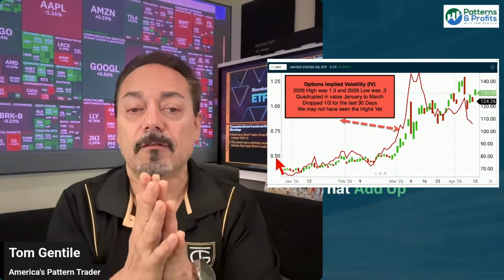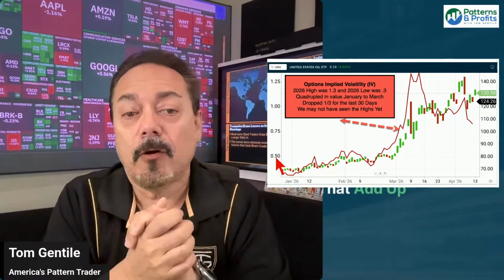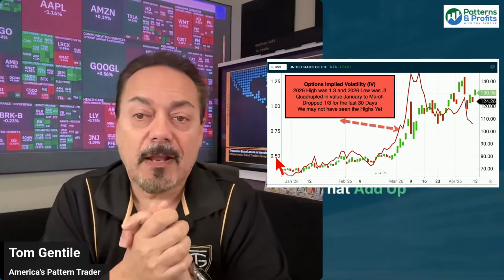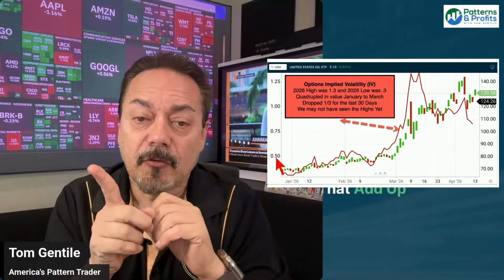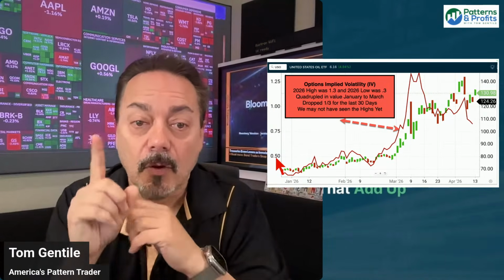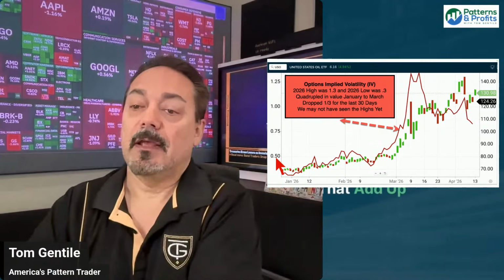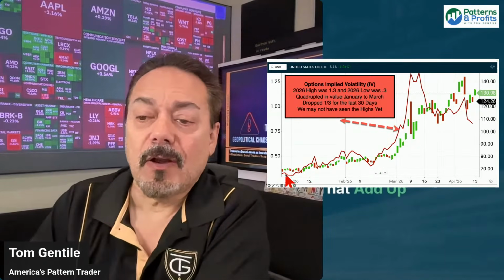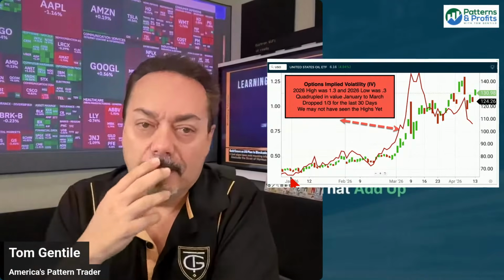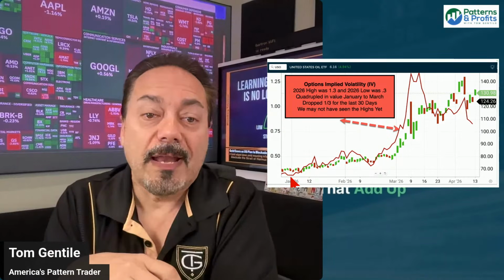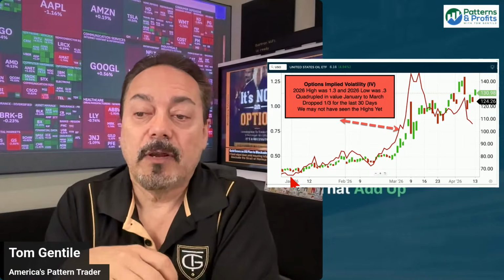Most of you have heard of the term the VIX. That is the options implied volatility on the S&P 500. This is the options implied volatility on USO. That one instrument has gone from down here around 30. The VIX was just under 20 closing last week.